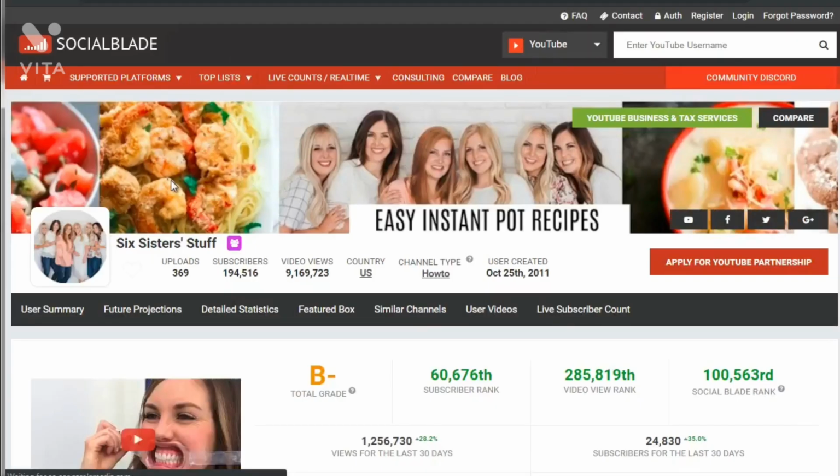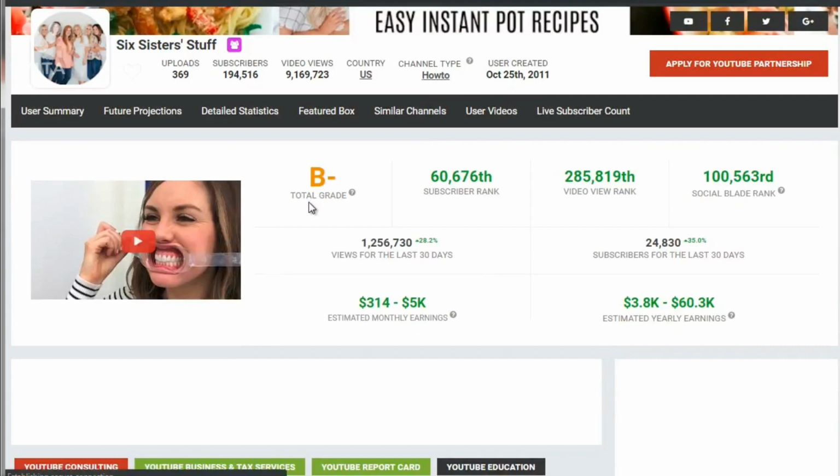So right off the bat, we can see that if we were to rank on the keyword Instant Pot, it's going to take a lot to break through. But the way we can break through is by using subcategories of that keyword. So Instant Pot recipes or Instant Pot chicken recipe, stuff like that.